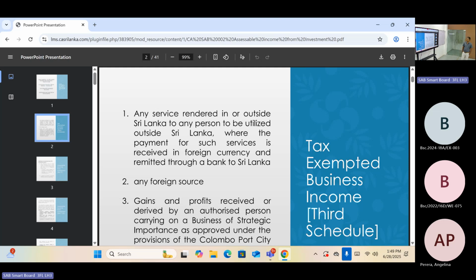First thing is any services rendered in or outside Sri Lanka to any person to be utilized outside Sri Lanka, where the payment for such service is received in foreign currency and tendered through a bank in Sri Lanka. So that is applicable in case of the service provided by a person in Sri Lanka to a person outside Sri Lanka. It says services rendered in or outside Sri Lanka.